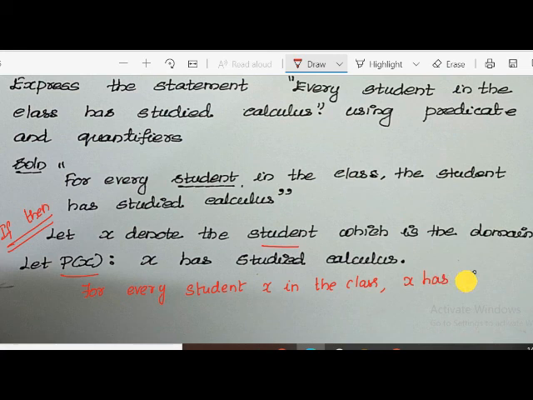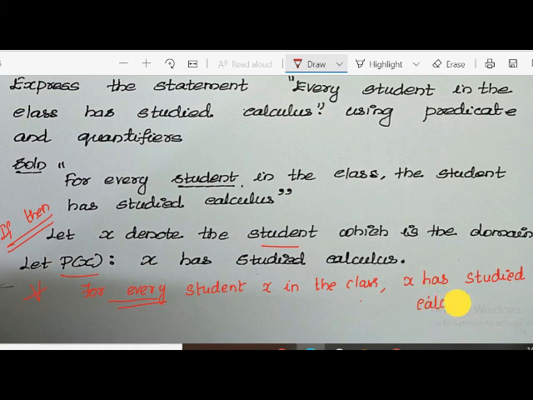So I'm rewriting the statement as for every means all student. So for every student, so you can write every student it is given here. That means all students. So that is a connective word here. For every means for all. This is the connective word. So student X is in the class, then X has studied calculus.